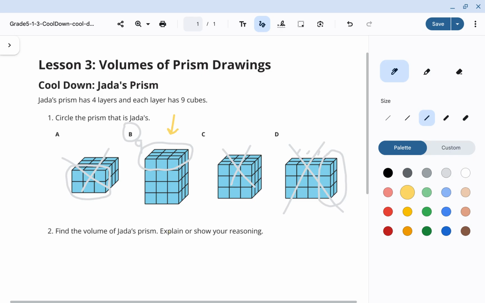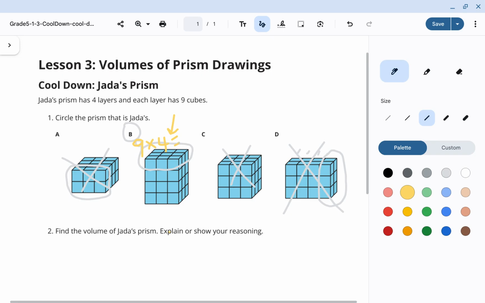Now, that's not enough. The next thing that we are going to do is determine exactly what her volume would be. Well, we already said that that top layer is going to have 9 cubes, and we know that that's going to be repeated so that it accounts for 4 layers of 9 cubes.